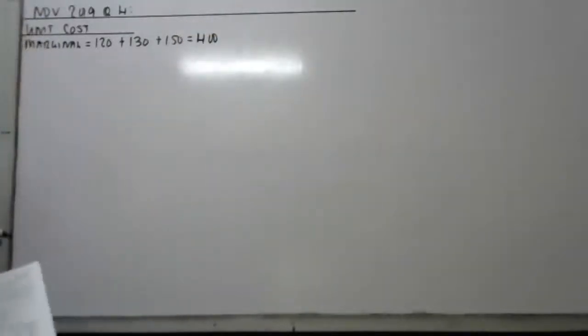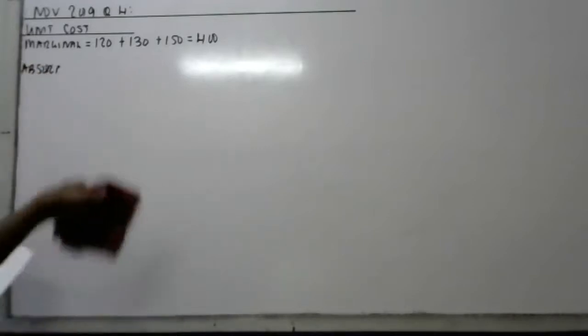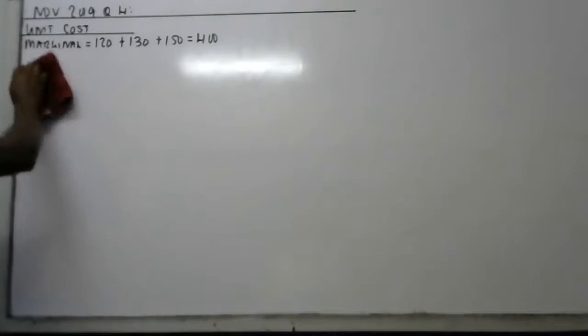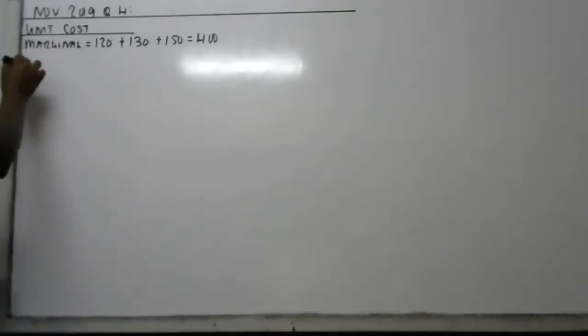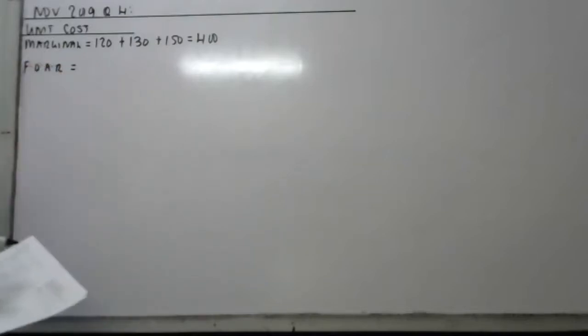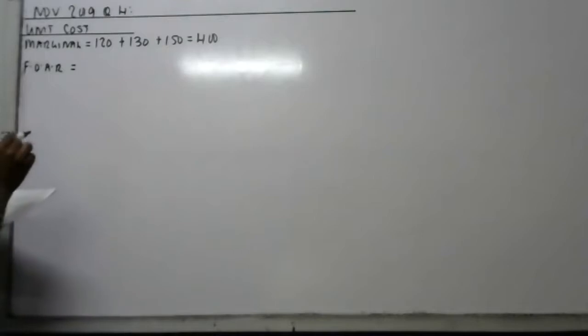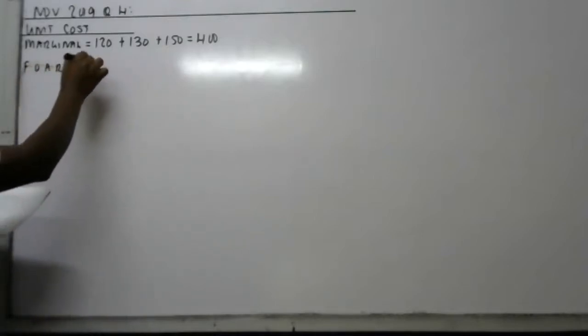The next thing is to bring absorption. Sorry, before we bring the absorption, we need to bring the FOER, the fixed overhead absorption rate. And that fixed overhead absorption rate, you can see it is 200.